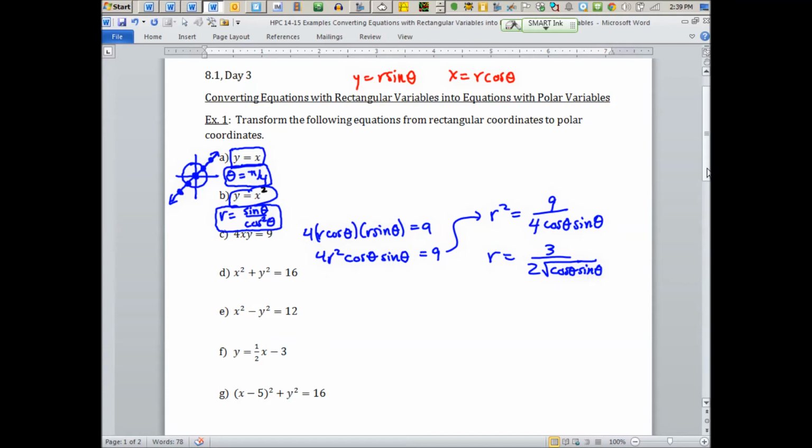But that makes sense anyway, because do you recognize this graph? This is just the graph of y equals 9 over 4 times 1 over x. I just isolated y. Isn't this just 1 over x stretched vertically a bit?